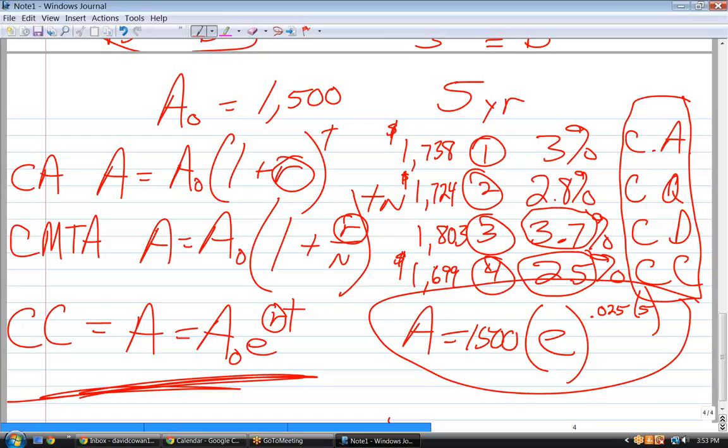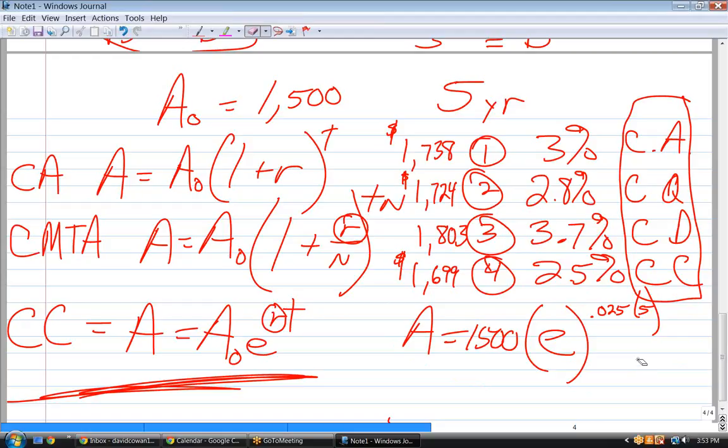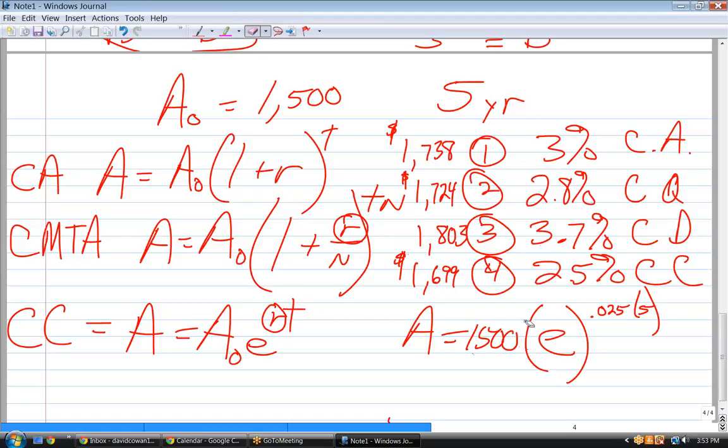In other words, what gave us the biggest number was the highest rate, not the fact that we were compounding daily. It would have been a little more instructive of a problem had they put these numbers a little closer together. Then we could have really seen what the difference was between annual, quarterly, daily, and continuous. The fact that they gave us such different rates, we didn't really see the difference at all.